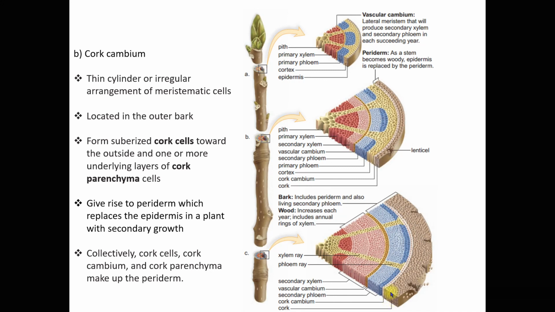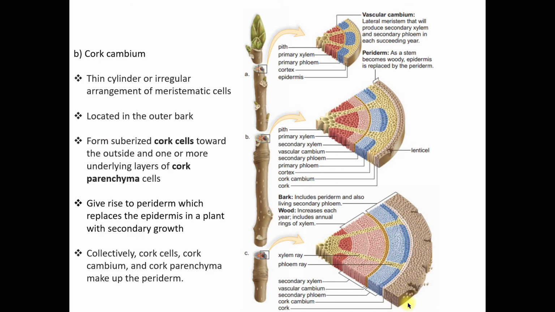Can you see these cork cells here? Cork cells toward the outside, and one or more underlying layers of cork parenchyma cells. This is the cork cells, and this is the cork parenchyma cells. Cork parenchyma eventually becomes cork cells. So cork cambium produces cork parenchyma and cork cells.